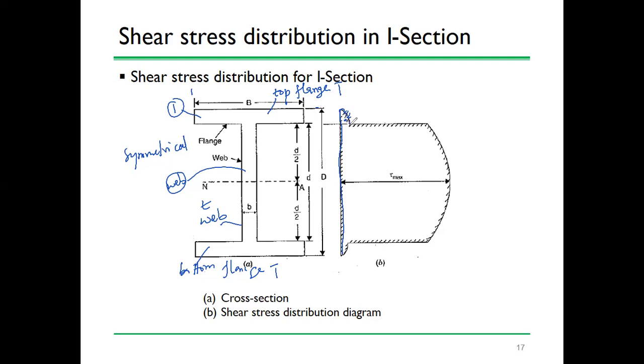And then when you calculate here, you also plot, and you join this with a straight line. And this part, you plot as you calculated, and then you join this with a smooth line. This is straight. And this is the shape for a symmetrical I section. So let's consider it one after the other.